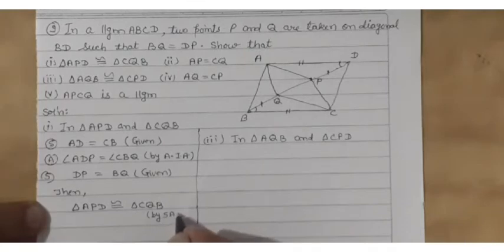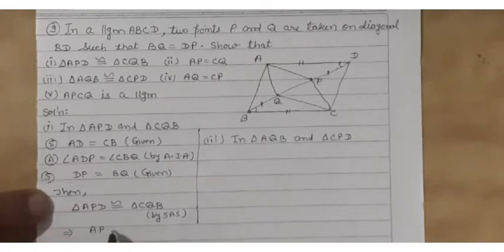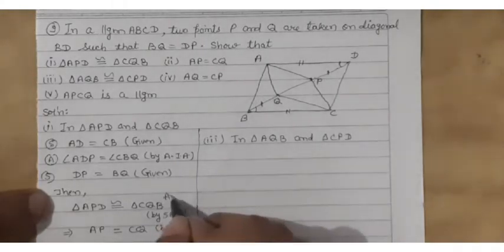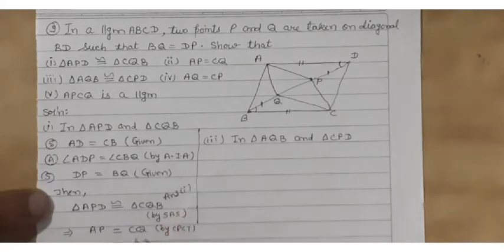And by this you can say AP is equal to CQ, by CPCT. Now we have done two answers. This is your answer number 1 and this is your answer number 2.